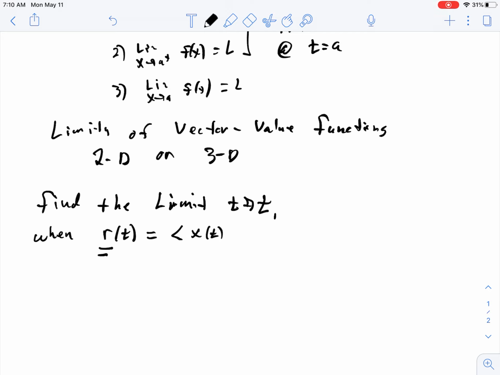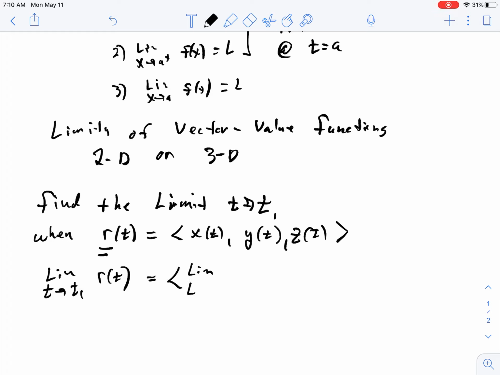So we have a function x of t, a function y of t, and a function z of t. So basically, if I ask you to find that limit, what's the limit as t goes to t1 of r of t? Well, basically, you're just doing the limit of each piece here.